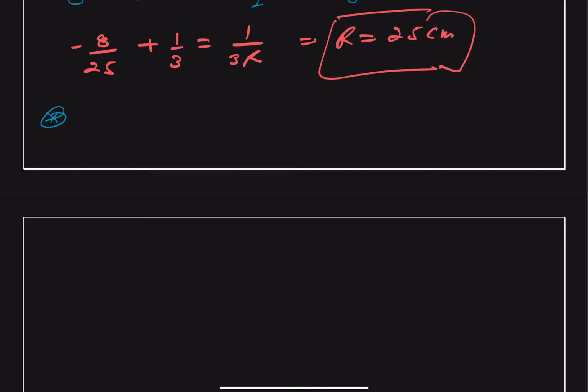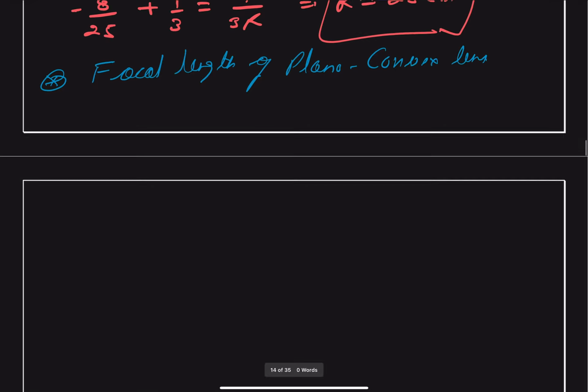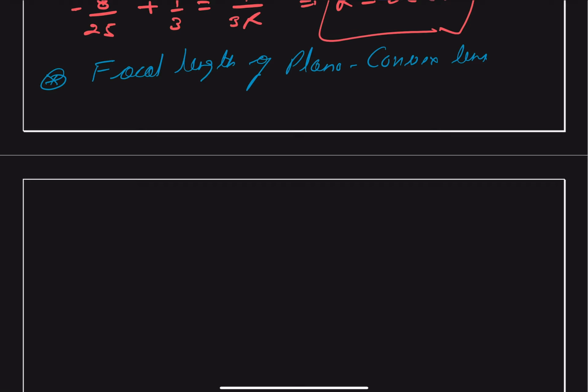So we can say the focal length of the plano-convex lens, and we just found out that our r1 is equal to r, which is our 25 centimeter, and r2 is for the plane, that is our infinity.